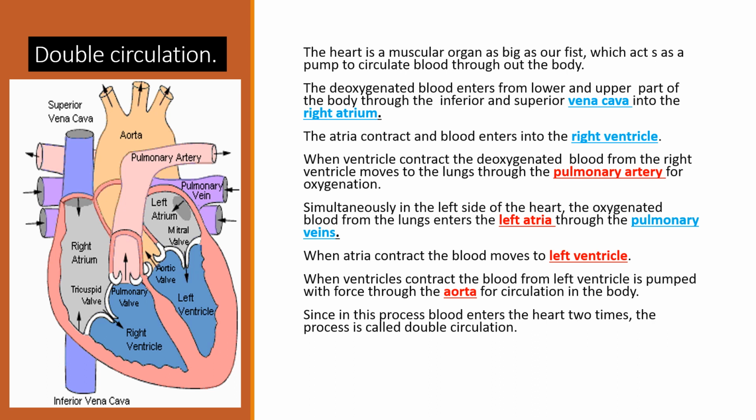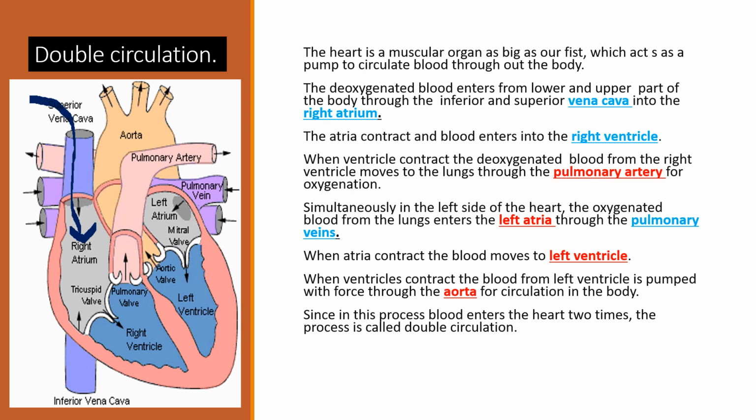Let us look into double circulation in man. During double circulation, the deoxygenated blood from the upper part of the body comes into the right atrium carried by the superior vena cava.